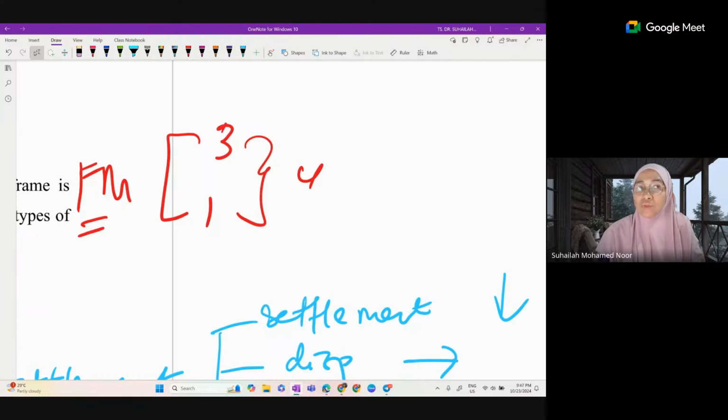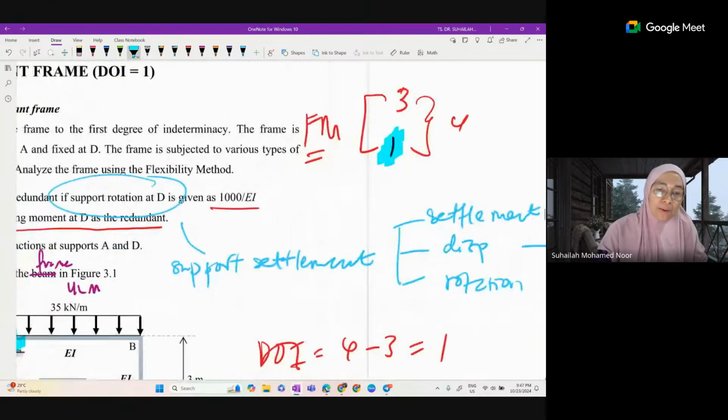The difference between the unknown reactions and the 3 equilibrium equations is 1. So we need to determine the redundant value first, then only can we determine the remaining reactions. This redundant value we determine from the compatibility equation. That is the concept, the main goal: we will determine the reactions in the system.